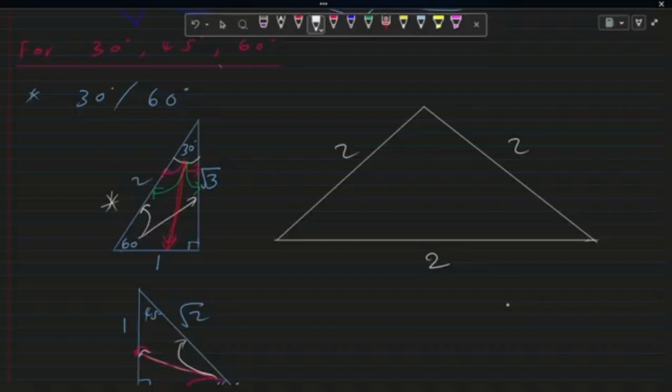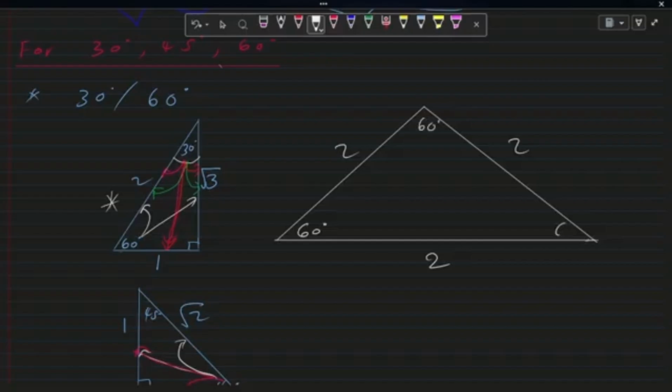And with our Euclidean geometry knowledge, we know that if we take all the angles of a triangle, they will give us 180 degrees if we add them together. Now, for us to get the value of this angle and that angle and that angle, knowing very well that all of them are equal to each other, we will basically take 180 degrees and divide it by 3.